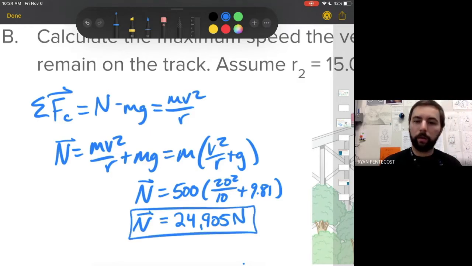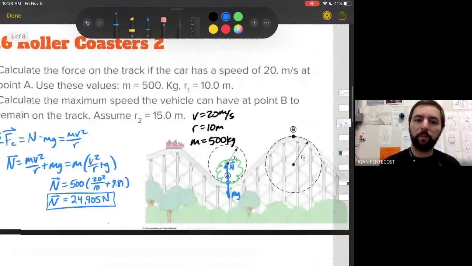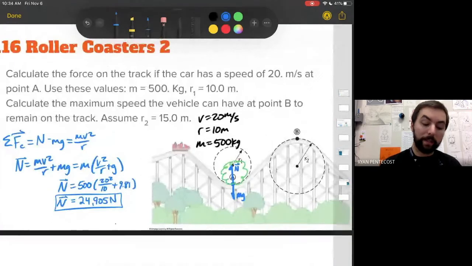So like we talked about in the last slide, the track needs to be able to withstand this force it feels as the car goes by. So it's got to withstand 25,000 newtons of force if the car has a mass of 500 kilograms. So that's a lot of force that this structure needs to hold up.